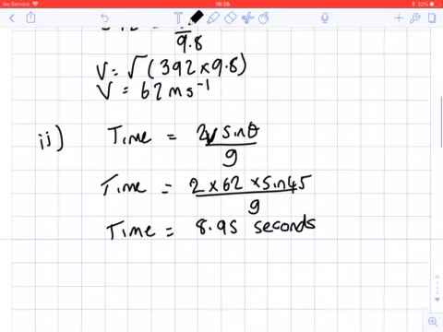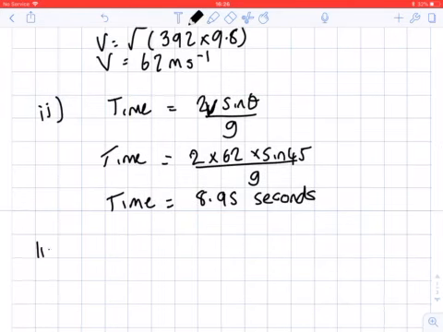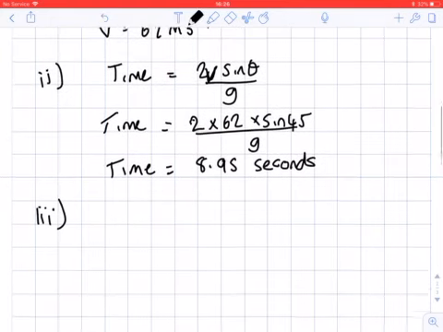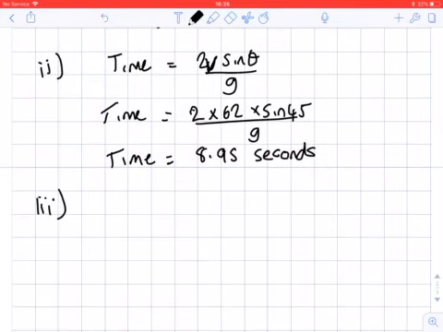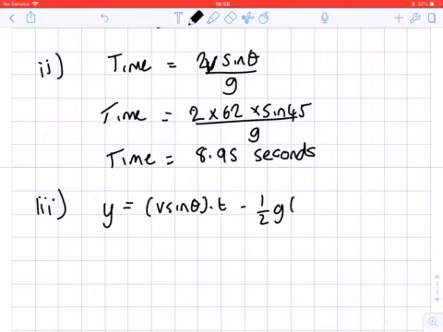Now in part 3 it asks for the maximum height achieved by the projectile. Now in part A of this question you're asked for the x and y displacements, so we're really interested in the y displacement here. So y equals v sine theta times t minus a half gt squared.